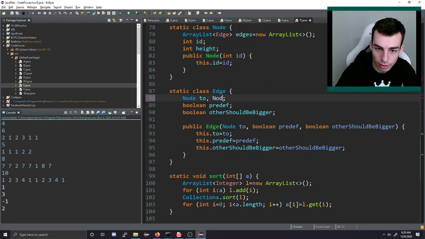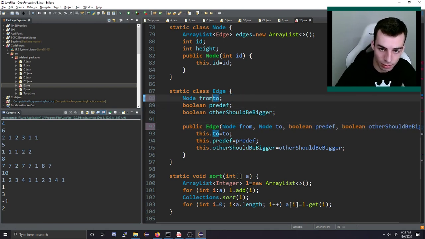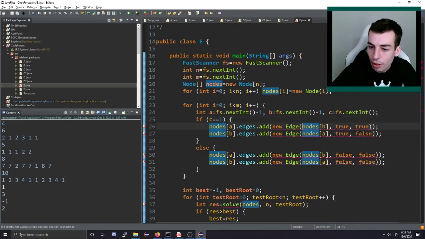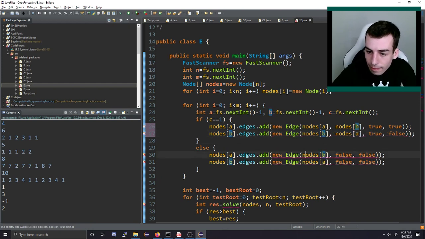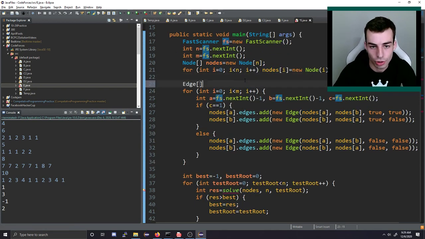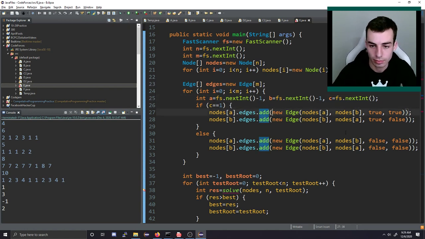Edge we would like from A. Okay, we'll also have an edge array edges, do an edge array M. Required.